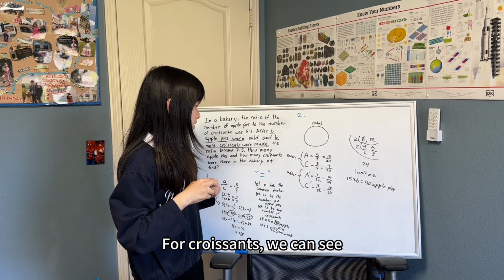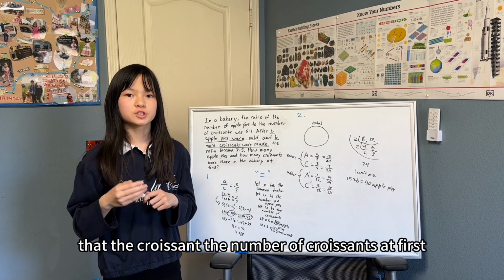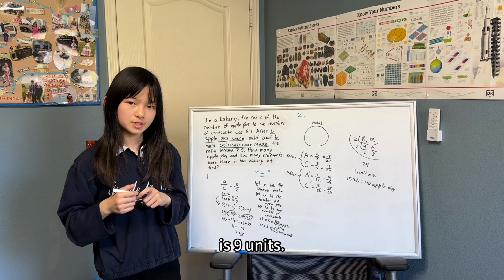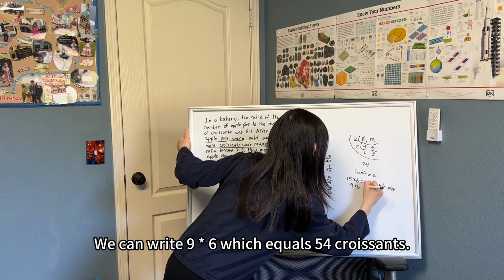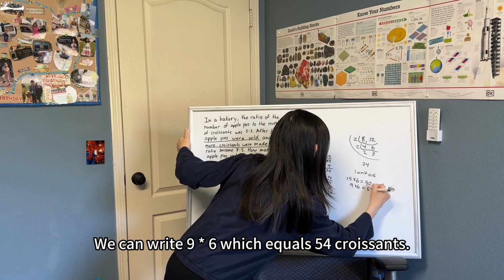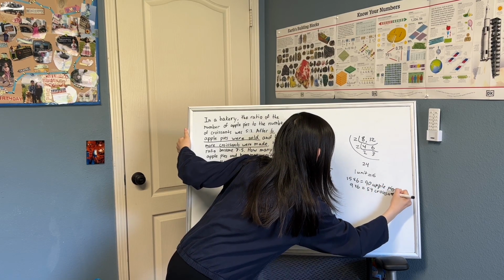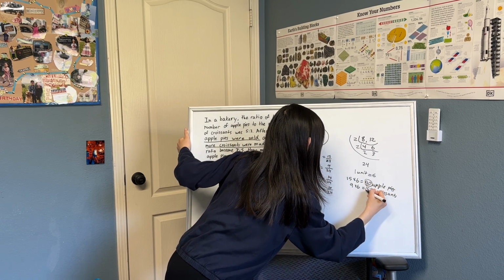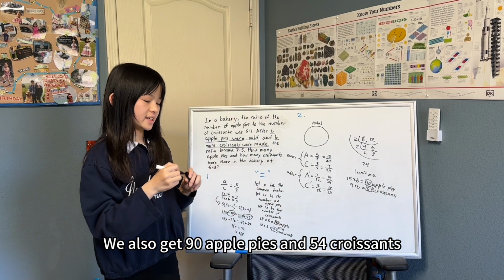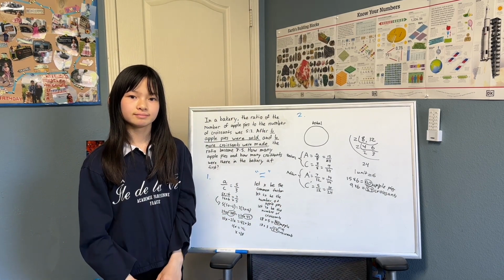For croissants, we can see that the number of croissants at first is 9 units. We can write 9 times 6, which equals 54 croissants. We also get 90 apple pies and 54 croissants using this method.